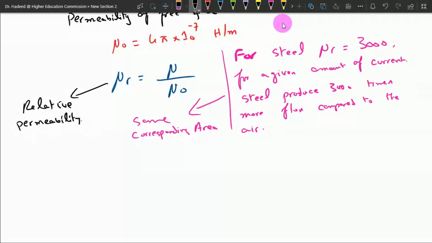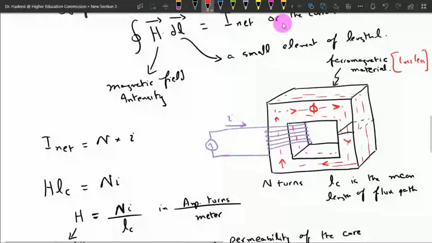Generally speaking, for a good design we require high permeability, so that a smaller amount of current is required to establish a given flux, right? And also that the majority of the flux remains inside the core, because in a practical system not all the flux will be produced inside the core.